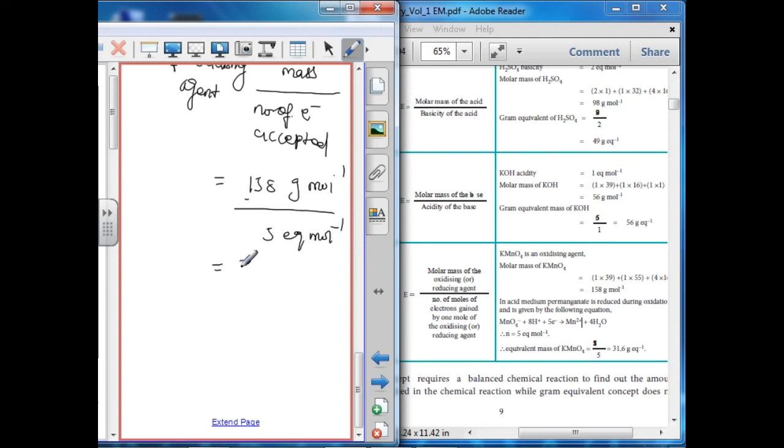So the answer is 31.6 gram equivalent inverse. This is the gram equivalent mass of the oxidizing agent KMnO4.